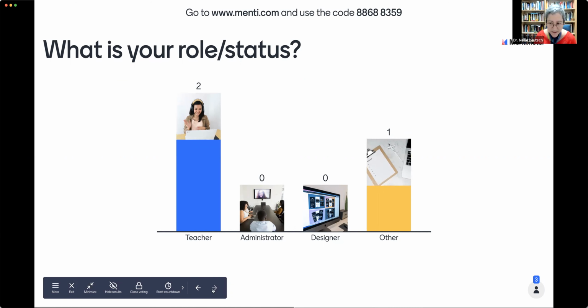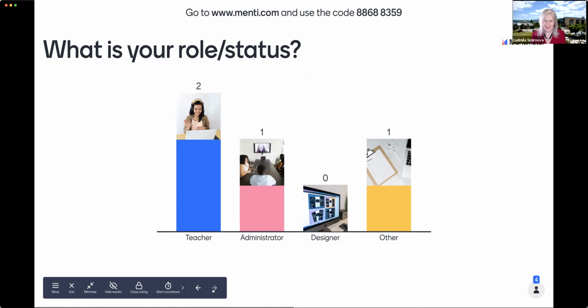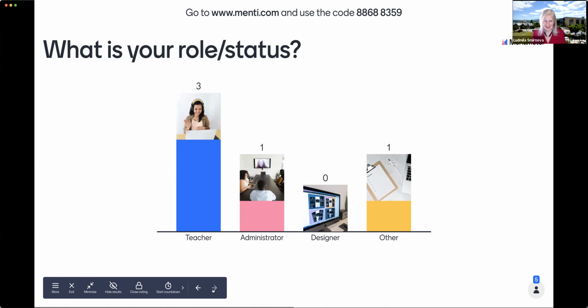Administrator. So we have diverse. Well, administrator in the sense of head of department. Yes. Okay, great. That's who evaluates. So it's nice to know. No designers. Okay, great.